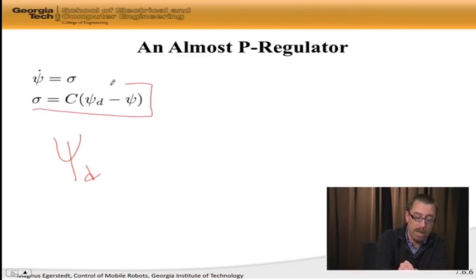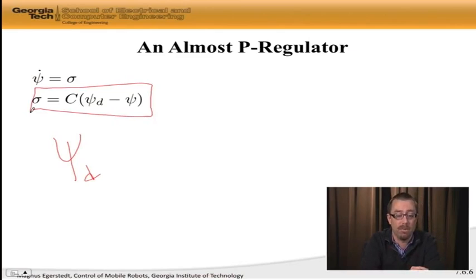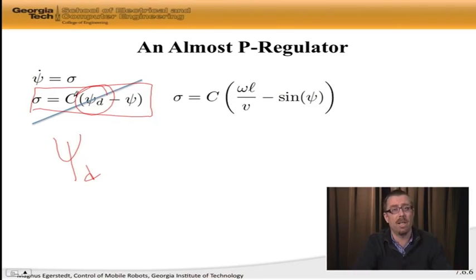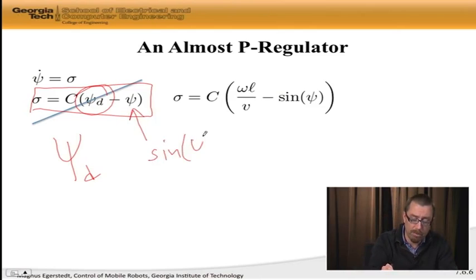So let's say that I have this thing, and I would like psi to be close to it. Well, one thing I can do is a simple P regulator, which is something we've seen. But this thing involves this arc sine, and one thing to note is what happens if we actually keep sine in there? Well, we would get something kind of cleaner. So instead of psi here, I'm going to do sine psi.